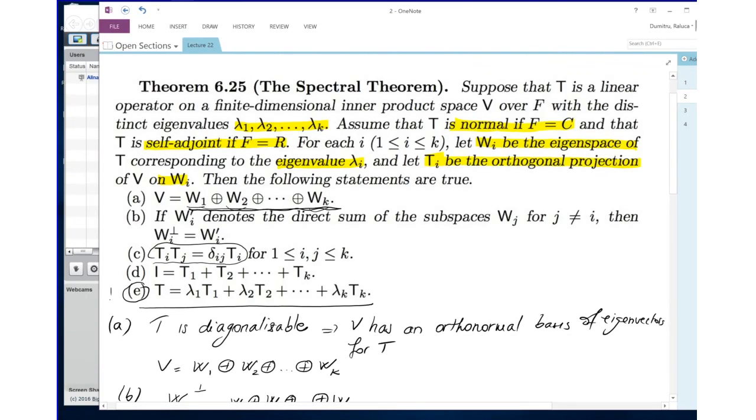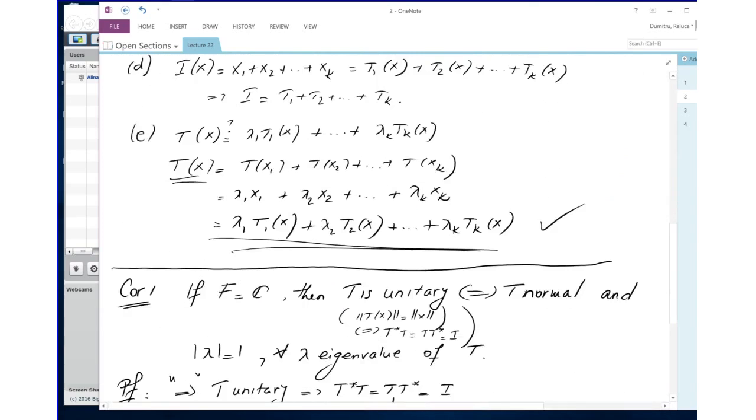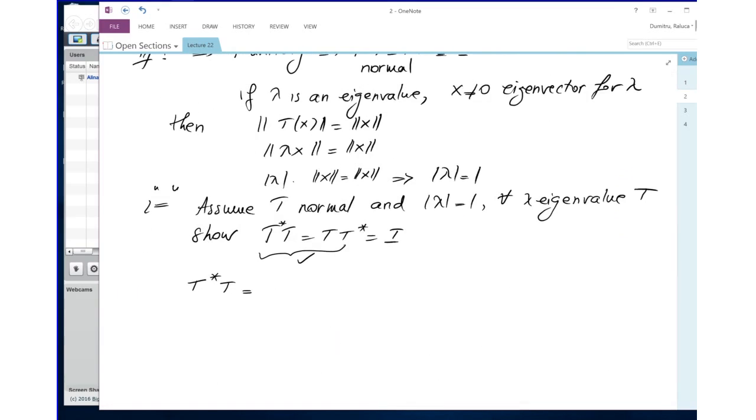I'm just going to replace it by lambda 1 T1 plus ... lambda K Tk. So that is T, so I need T star times T. The adjoint behaves nicely with respect to taking a sum.